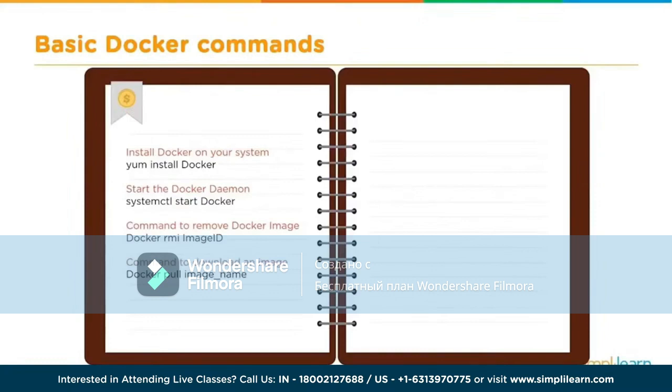The command line to download a new image is docker pull and then the name of the image you'd want to pull. By default, you're going to be pulling from the Docker default registry that will connect to your Docker daemon and download the images from that registry. The command line to run an image is docker run and then the image ID.